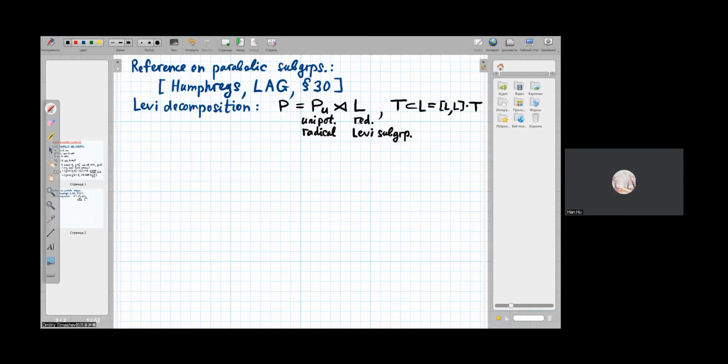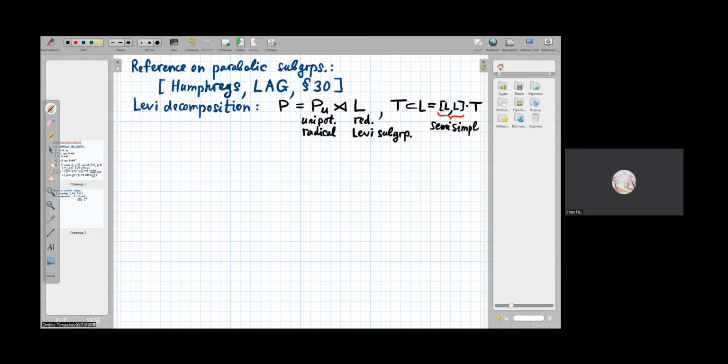But if we choose L to contain a given maximal torus T, which is fixed, then this L is unique. And it is decomposed in this way, so that the derived subgroup is semi-simple. L is reductive, but the derived subgroup is semi-simple.